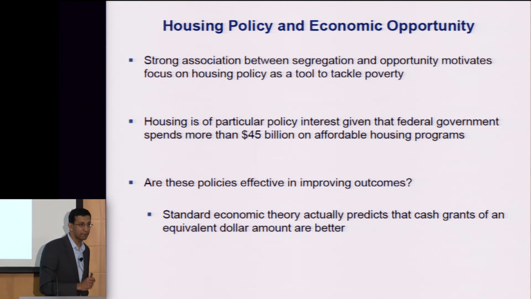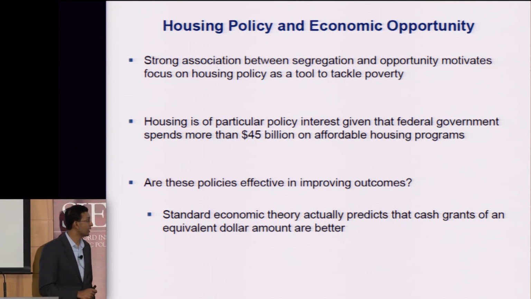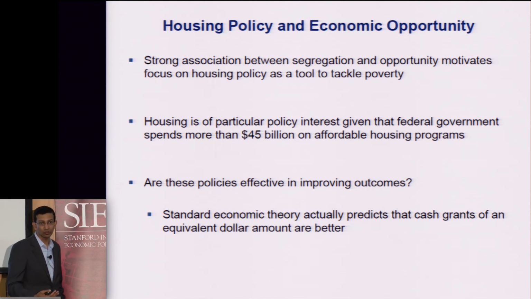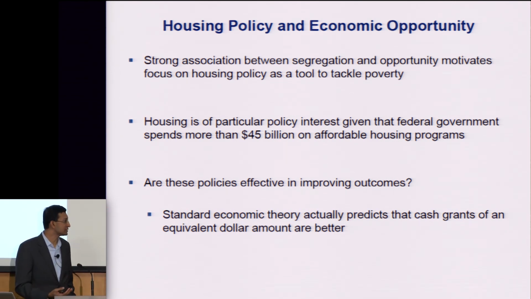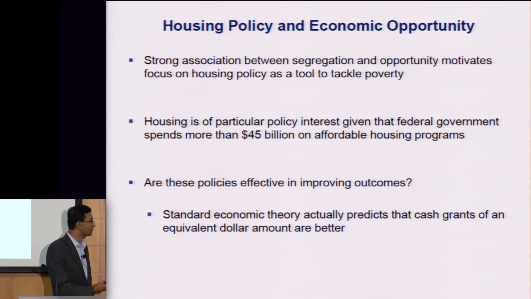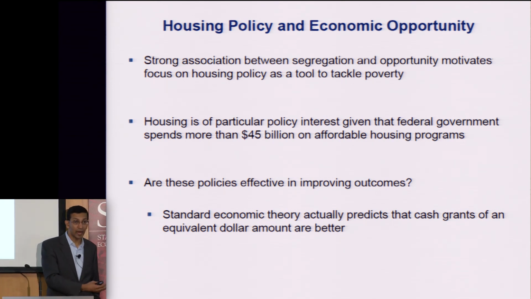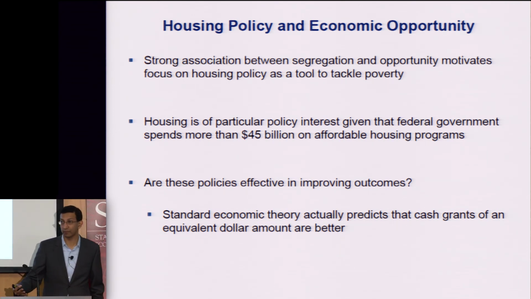Now, I want to note as a benchmark, before we start talking about housing policy, that standard economic theory with optimizing households and no other market imperfections would actually predict that cash grants of an equivalent dollar amount should be better than these specific housing policies, right?